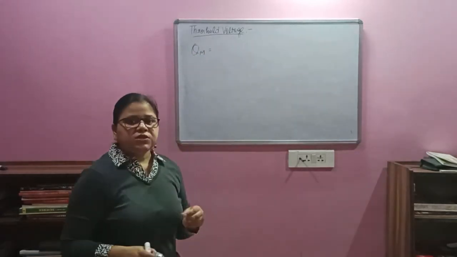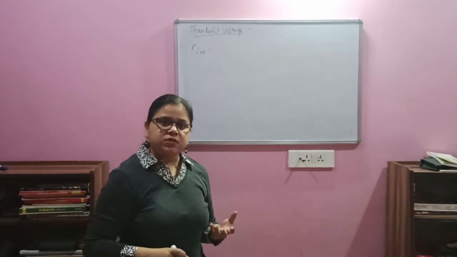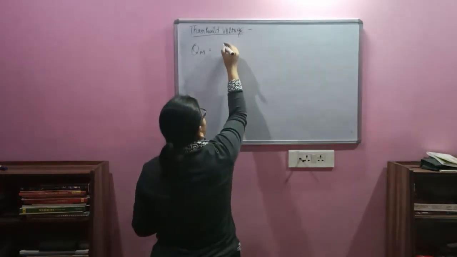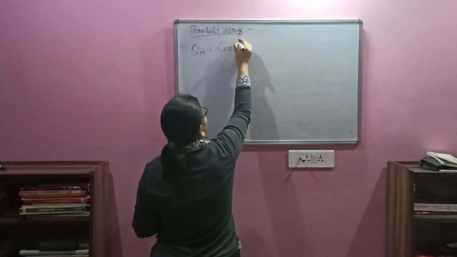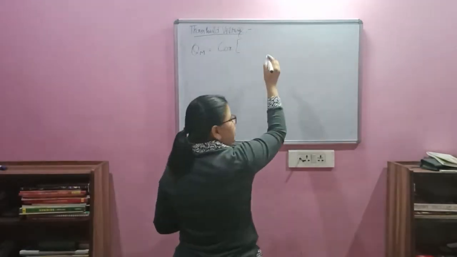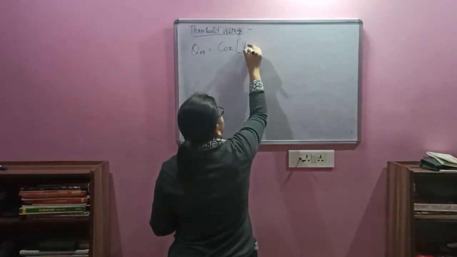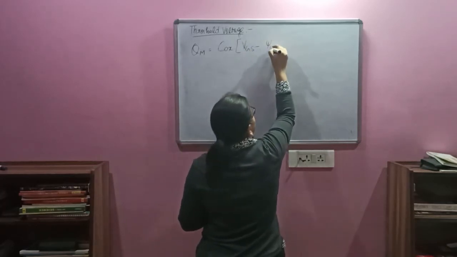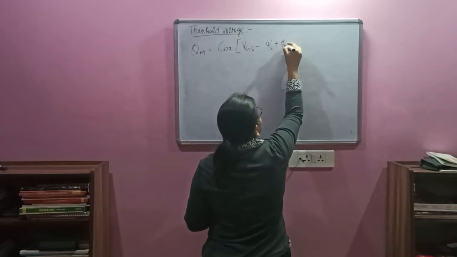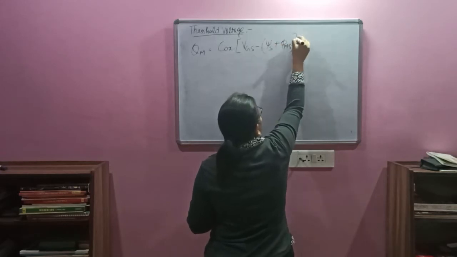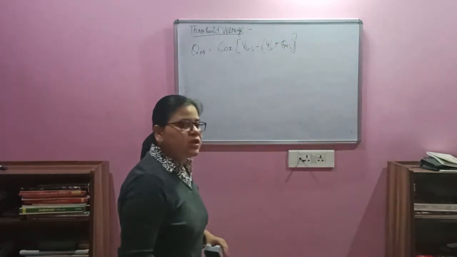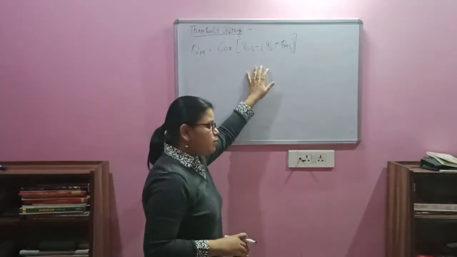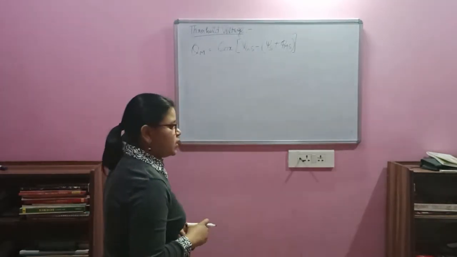We know that charge equals capacitance into voltage. So this metal charge density can be rewritten as Cox into VGS minus psi s plus phi ms, which is the potential at the surface. So this is how we can define the metal charge density.